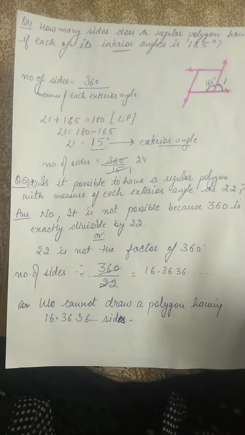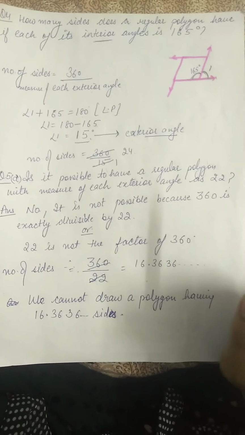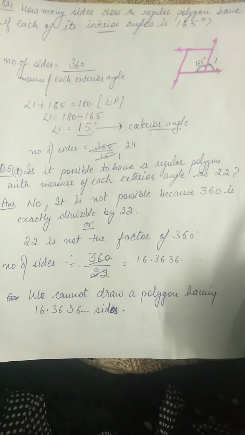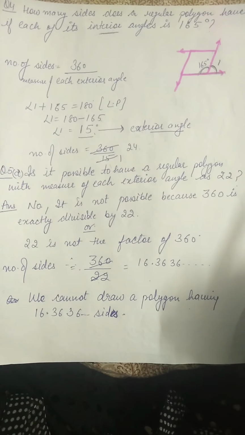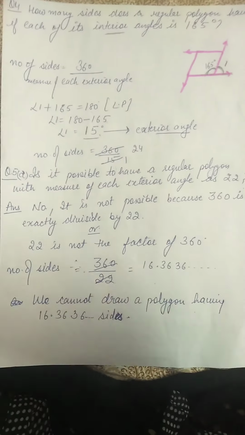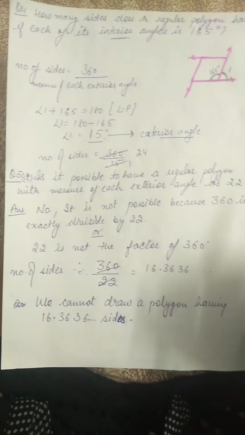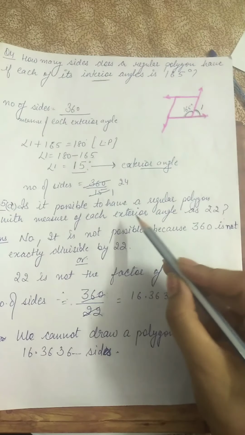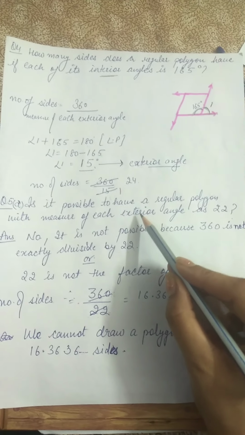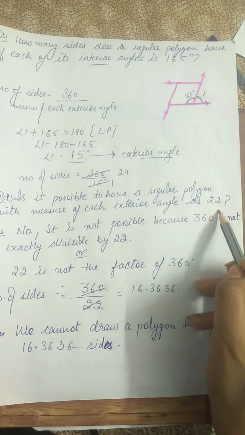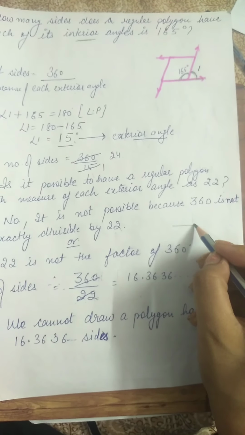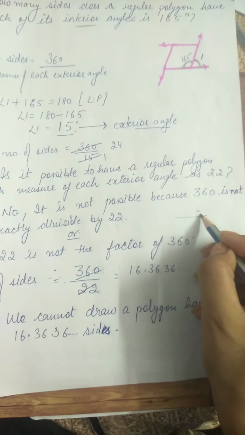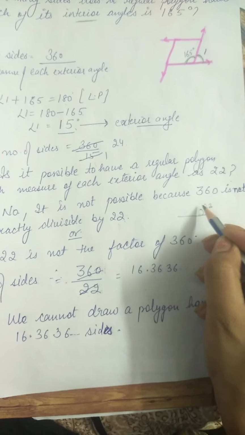Question number 5, part A. Is it possible to have a regular polygon with the measure of each exterior angle as 22 degrees? Okay, now listen carefully. Yes, you have been given that the exterior angle is 22, that means in any polygon, okay, you have any polygon and in that polygon the exterior angle is 22.